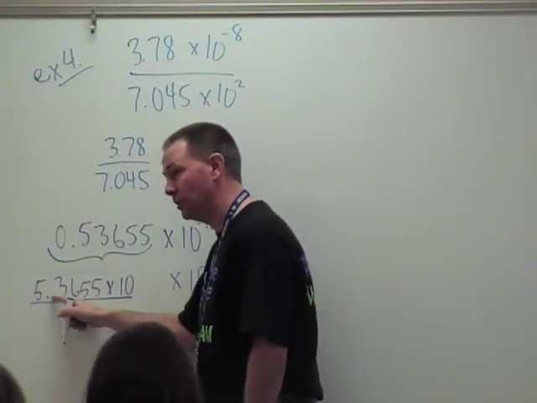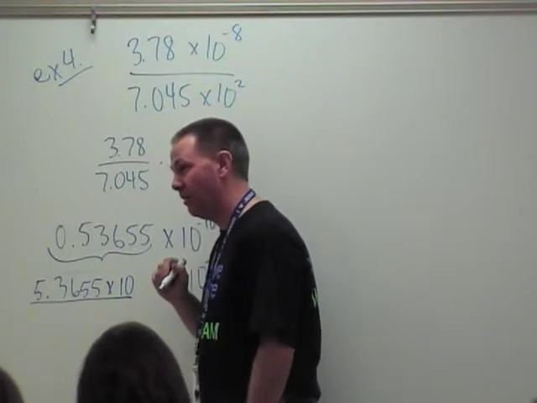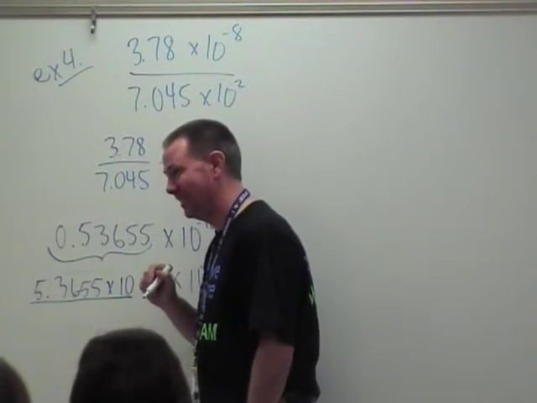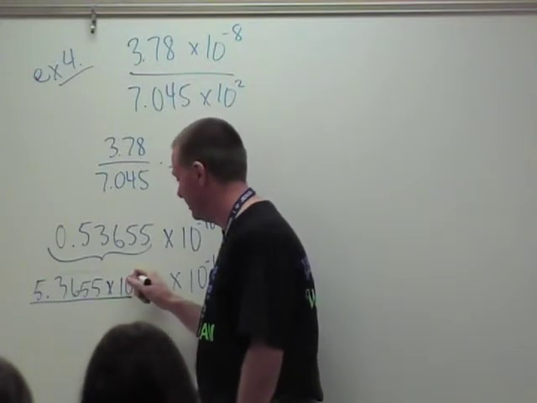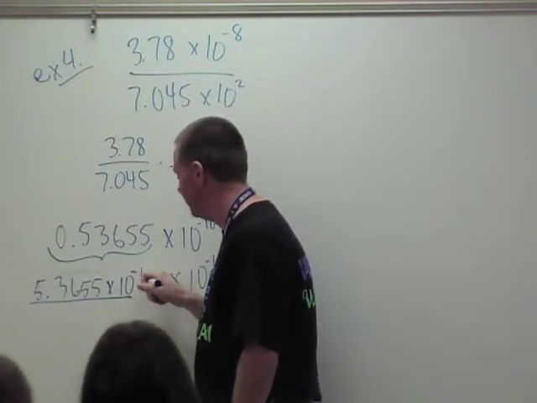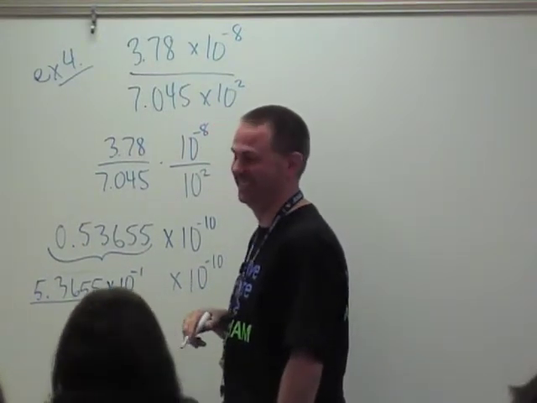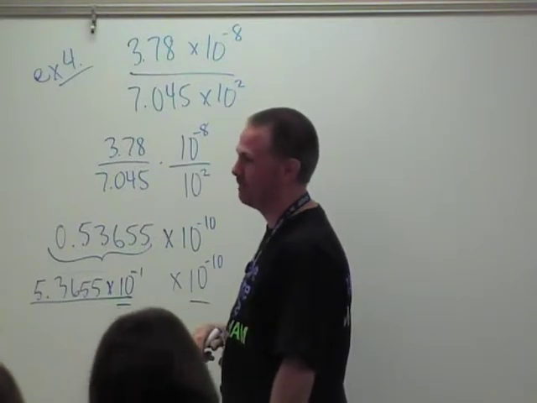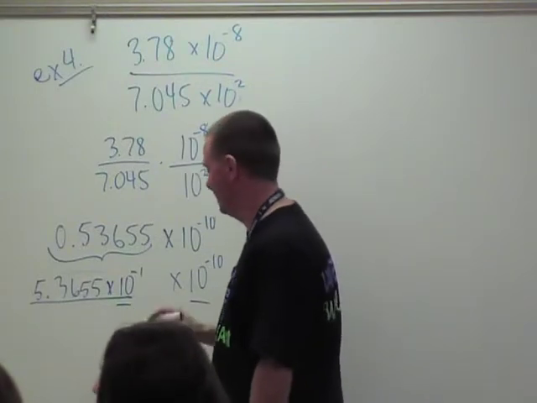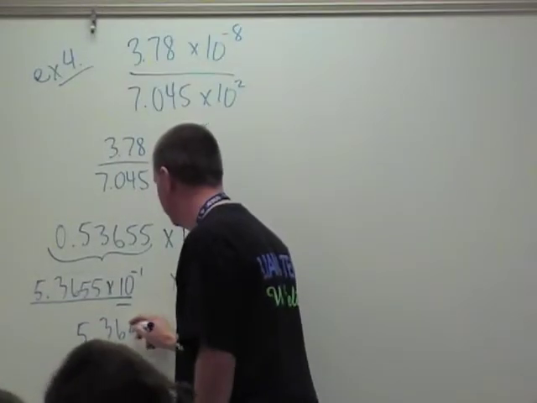So this decimal has to do what to be equal to that? Which direction? What's left mean? Negative. How many places? 1. Thank you. Now, are we done? No. What's that give you? Negative 11. Yes. Awesome. Good job.